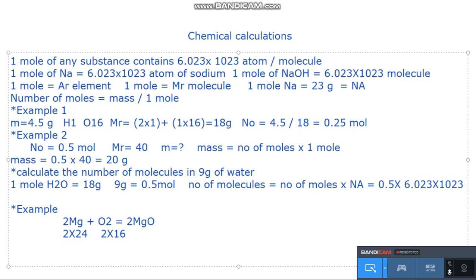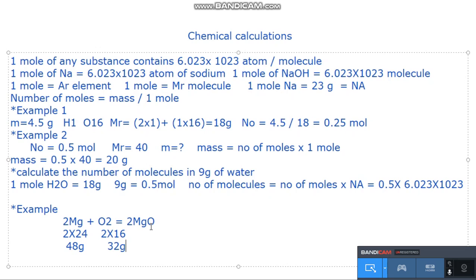For this reaction to take place, we need 48 grams, when we multiply 2 by 24. So every 48 grams of magnesium reacts with 32 grams of oxygen to give this amount of magnesium oxide. We don't need to calculate the amount of magnesium oxide, because the relation here in the equation is between magnesium and oxygen.